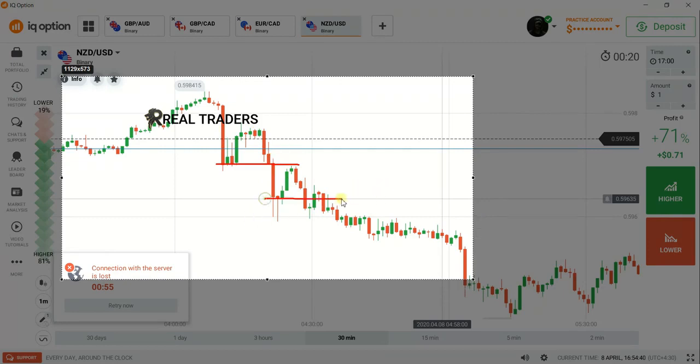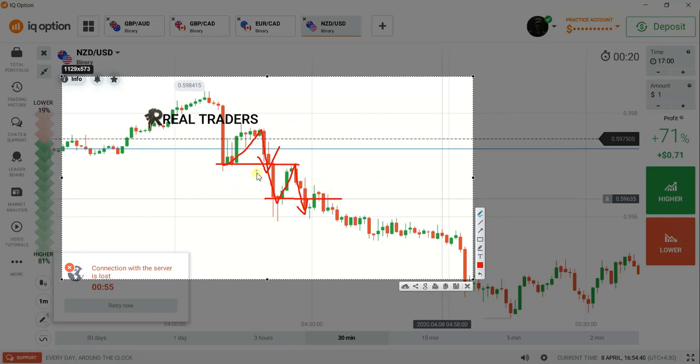You can see here also it didn't respect the previous support level, it broke the level. So when the market is moving on this pattern, there is more possibility to break the previous support level. It is not 100% because in binary there is no 100% thing.